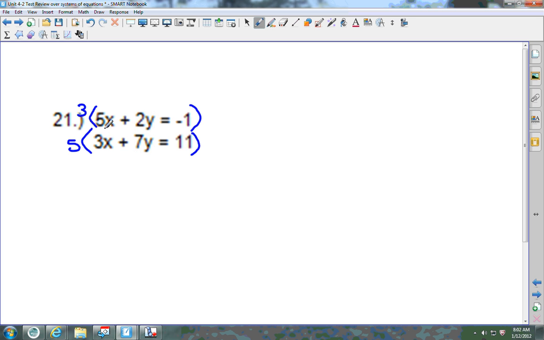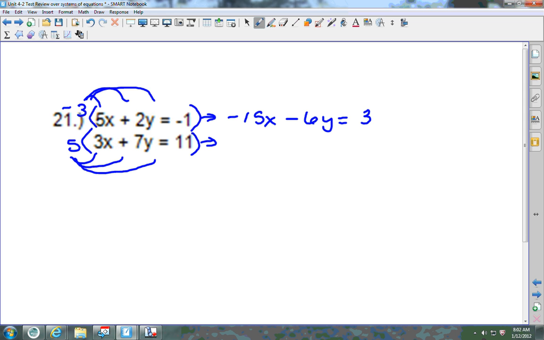Now they're still both positive, so one of them has to become negative. I'm going to choose the top one to be negative. You could do the bottom one. It doesn't matter. Now remember, you have to multiply by everything here. So I have negative 15x minus 6y equals positive 3. The bottom one, multiply each one of the things. I get 15x plus 35y equals 55.